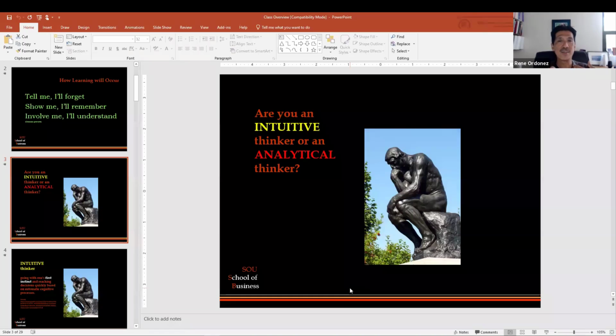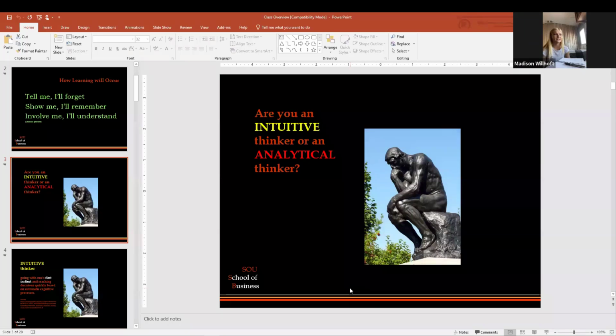So as far as you are concerned, which of these two do you think you are? Do we know what the difference is between an intuitive and analytical thinker? What is the difference? Madison?